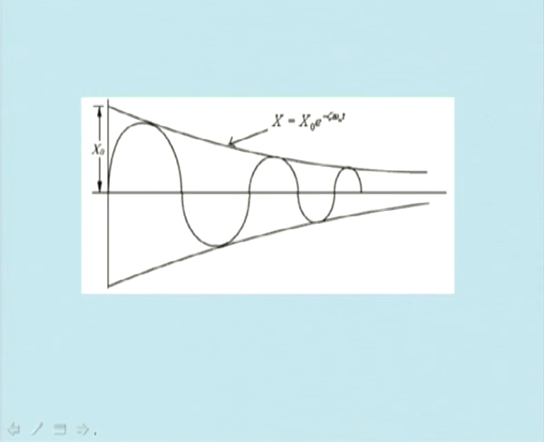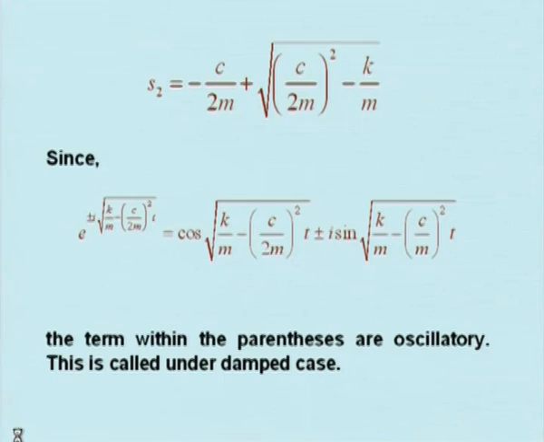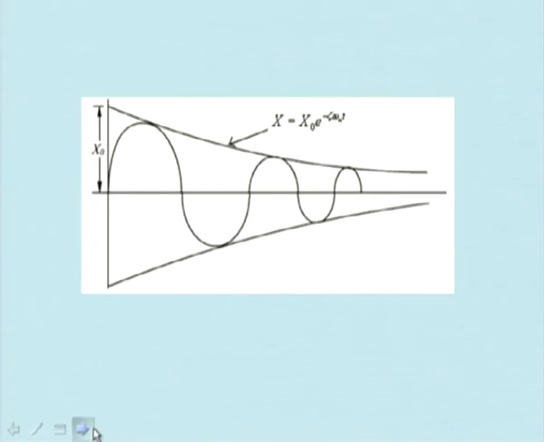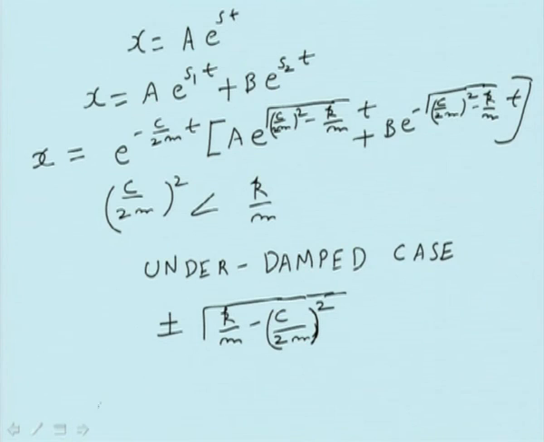Now we see what about the amplitude. We started with this equation, and as I already showed here, you have e to the power minus C by 2m. So this term can be written in terms of sin omega t, cos omega t.